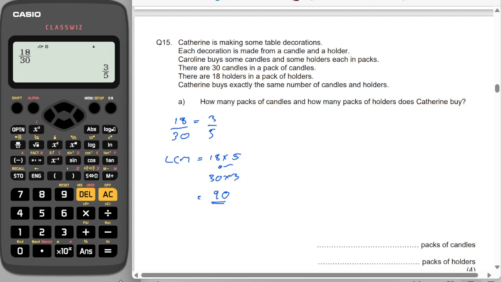But then we need to look at the packs. 90 divided by 30 is going to give me 3 packs of the candles, and of the holders, 90 divided by 18 is going to be equal to 5.